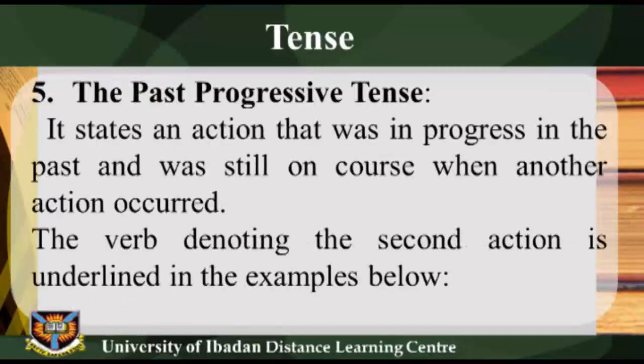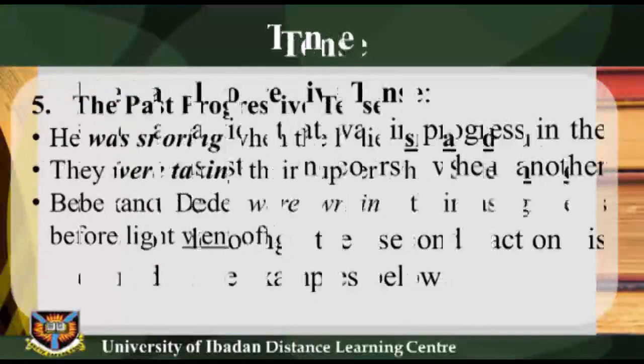Number 5. The past progressive tense. The past progressive tense states an action that was in progress in the past and was still on course when another action occurred. The verb denoting the second action is underlined in the sentences below.